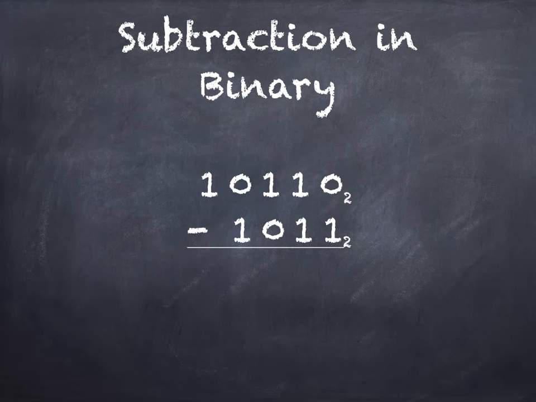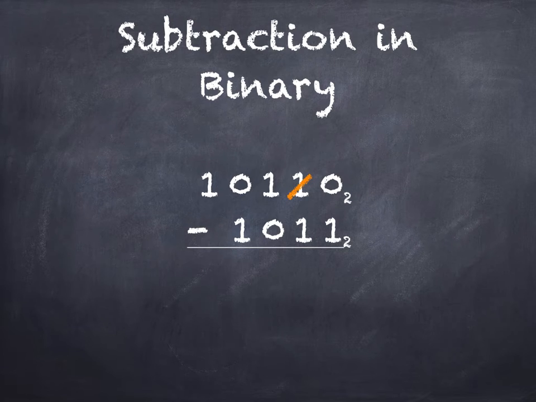Now we have here 10110 in base 2 minus 1011 in base 2. I have a slightly different approach to this. We will be discussing the same process after this slide, but for now, please follow what I'm going to be doing. So we start off with the first column. So 0 minus 1. So 0 needs to get a borrow from 1.